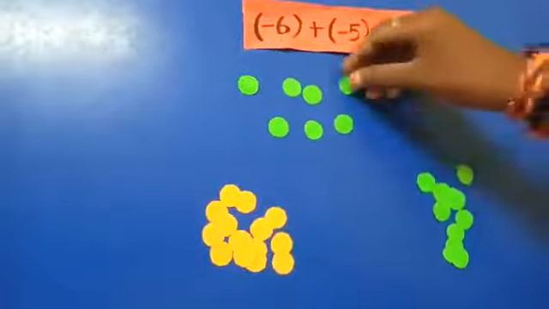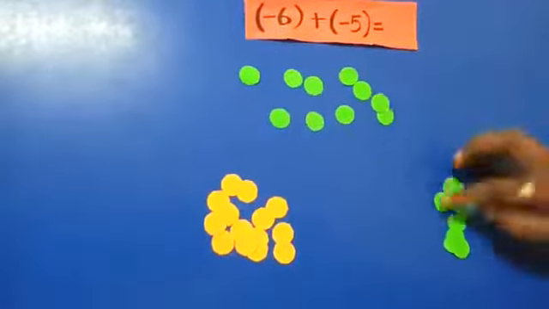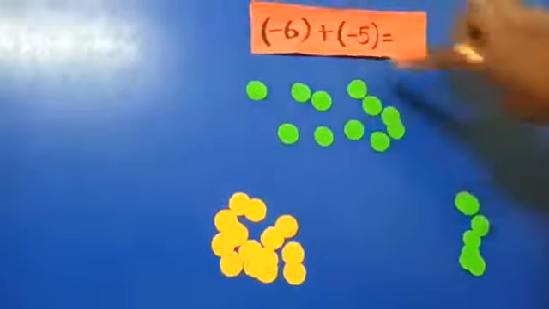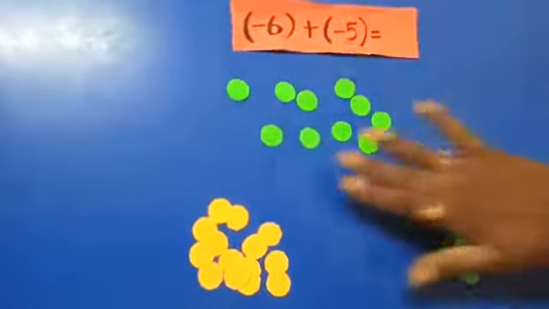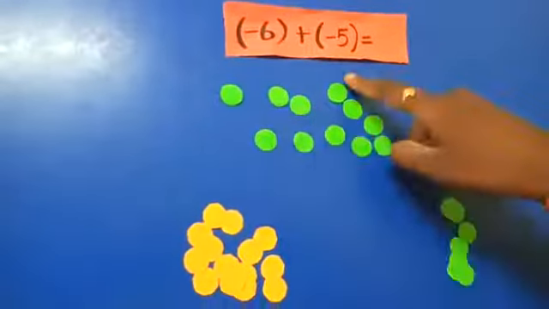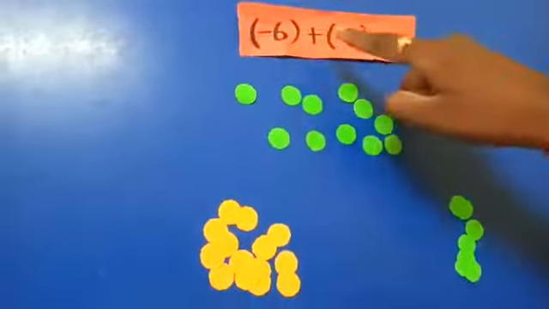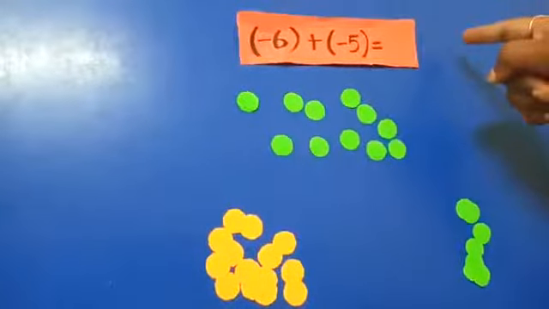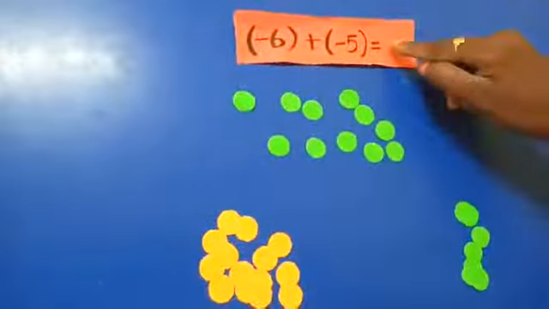Again we arrange the negative beads: 1, 2, 3, 4 and 5. Now there is no pair here, because everything is in the same color. So we add all the green beads: 1, 2, 3, up to 11. What is the answer for minus 6, minus 5? Is it 11 or minus 11? Yes, it's minus 11 because this is negative. So it is minus 11.